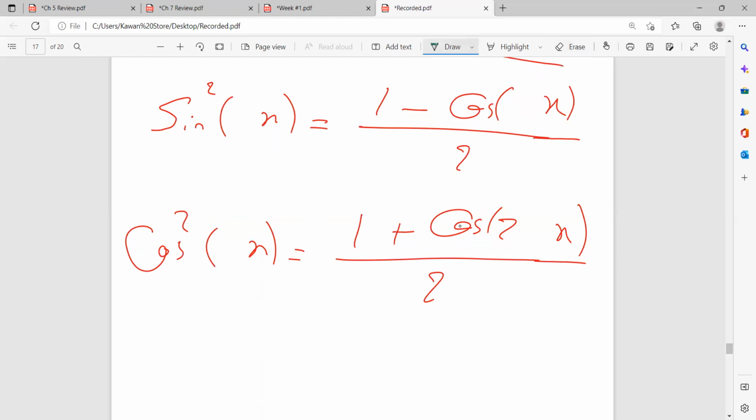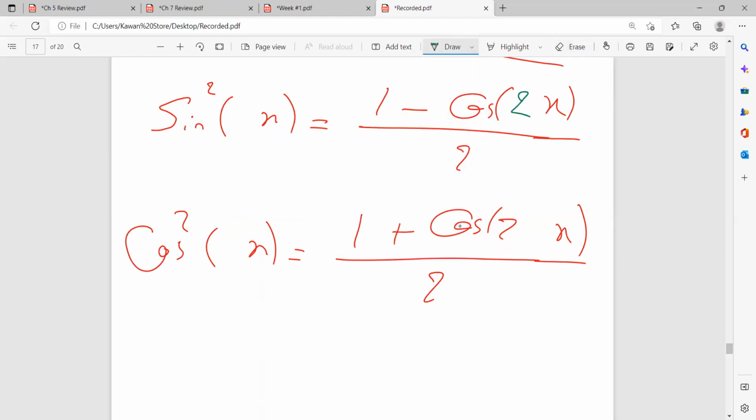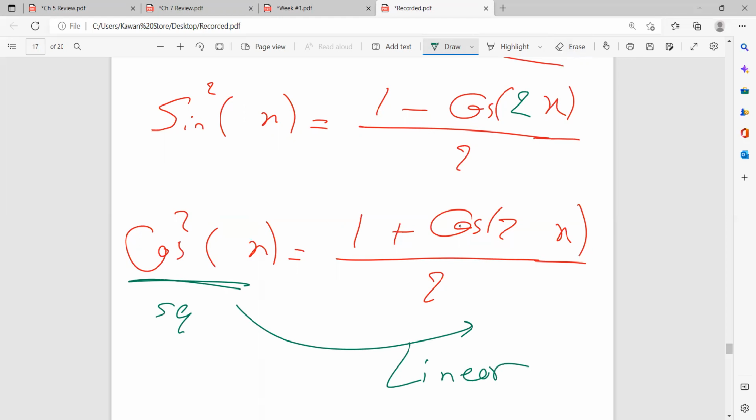Now we have 2. Again, it's true for that one. We call that one square. We call that one linear. What do you mean by linear? Why do I say that one is square and that was linear? Linear means that the exponent is 1.